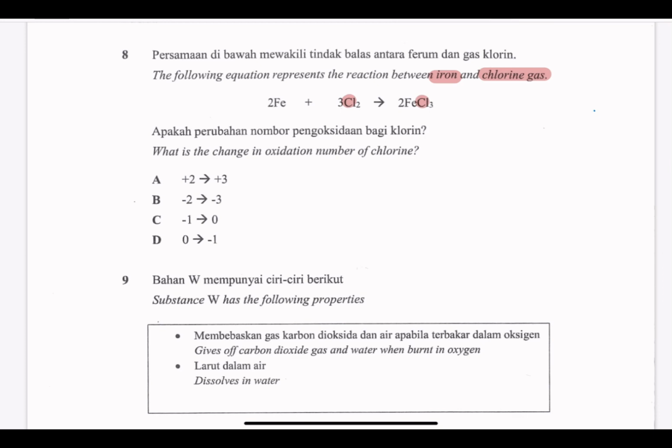Initially the chlorine is a neutral molecule, so the oxidation state is 0. For any neutral atom or neutral molecule, the oxidation state is 0. So in the iron(III) chloride, the oxidation state is -1. So this is the change of oxidation number. Okay, the answer is D.